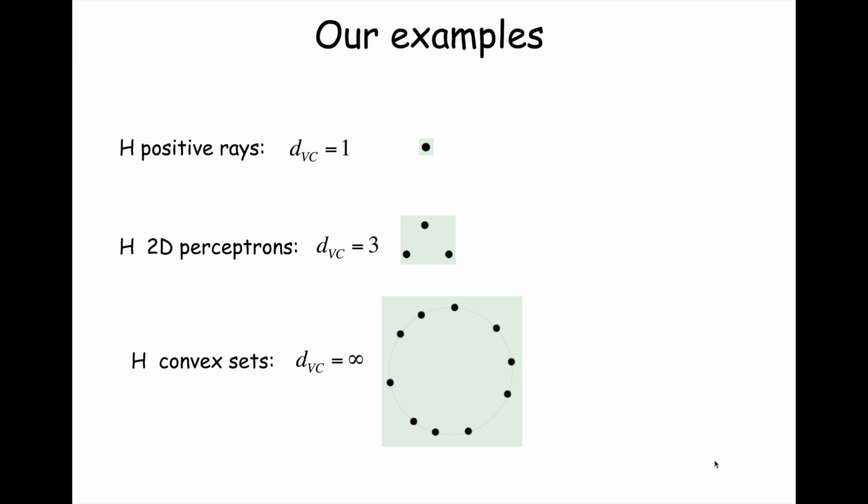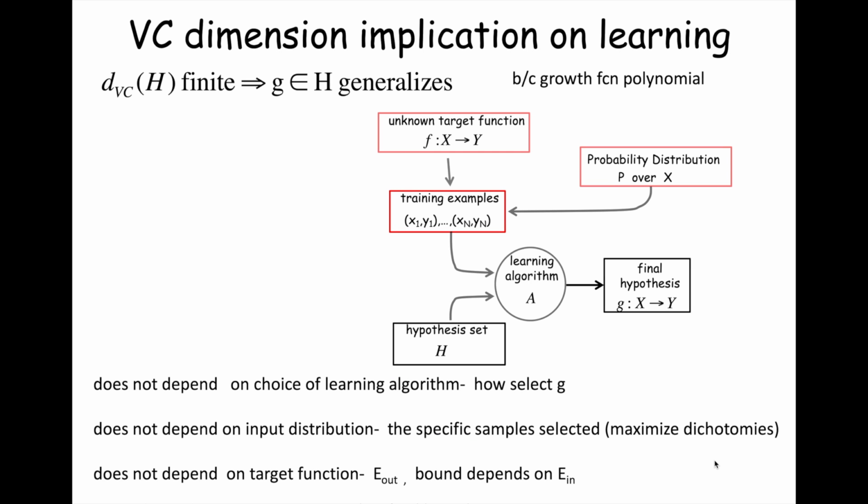All right. So let's take a look at the implication in our anatomy of the learner, the implication of VC dimension on learning. We said that if the growth function is polynomial, it means that learning is feasible, meaning that we can generalize well out of sample, meaning that in-sample error tracks well or isn't too far away from out-of-sample error.